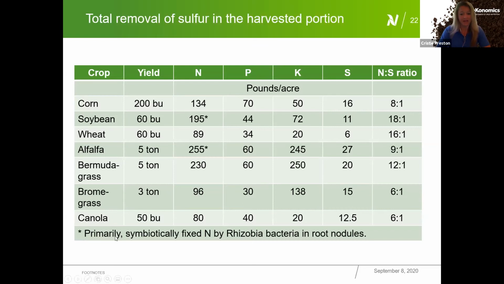And again, any legume that forms this relationship with rhizobia to form nodules on the roots, sulfur is key to establishing that relationship and allowing for that nitrogen to be fixed.